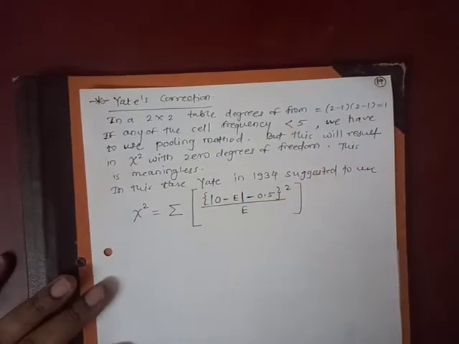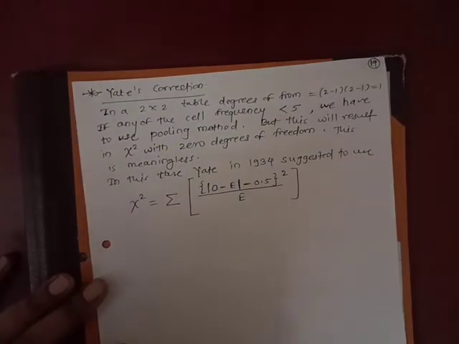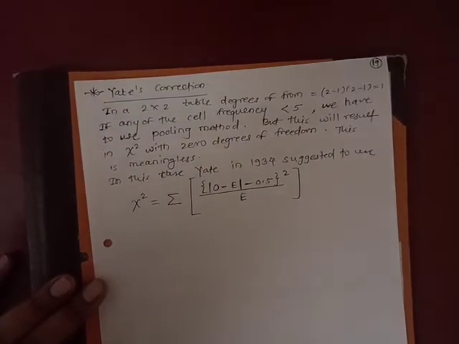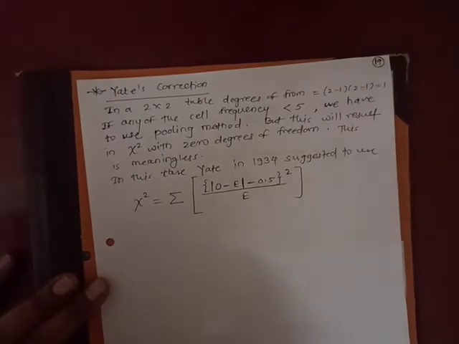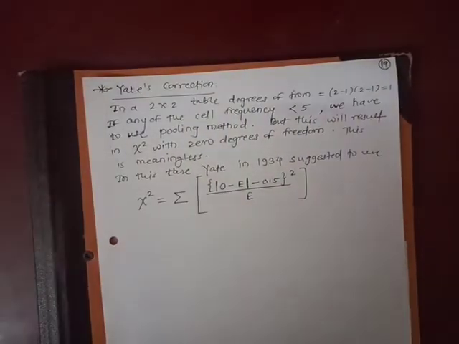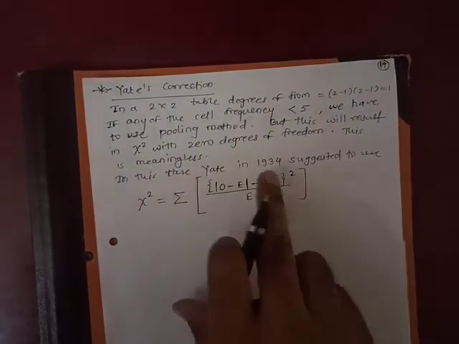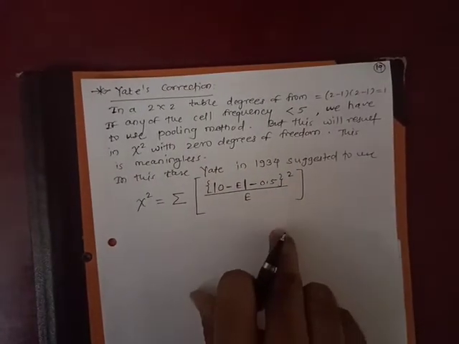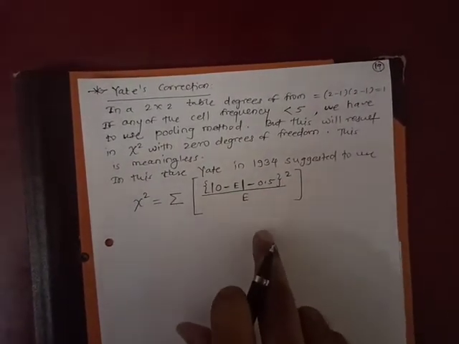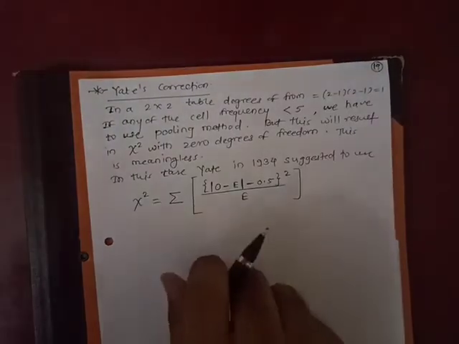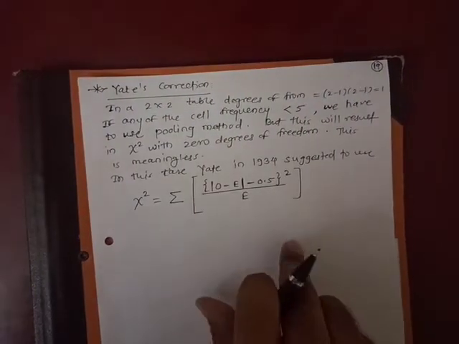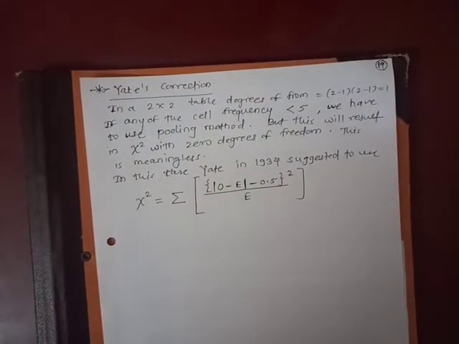This was the correction which Yates suggested. He showed that by taking chi-square as defined above, chi-square approximation is improved. Right? So अगर हमने यहाँ पे ये फॉर्मूला यूज किया तो आपका जो chi-square approximation है वो improve हो जाता है. And therefore this concept is known as Yates correction.